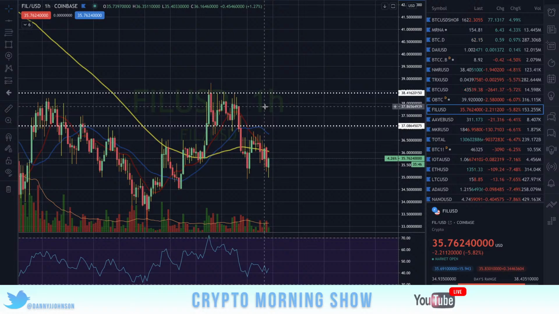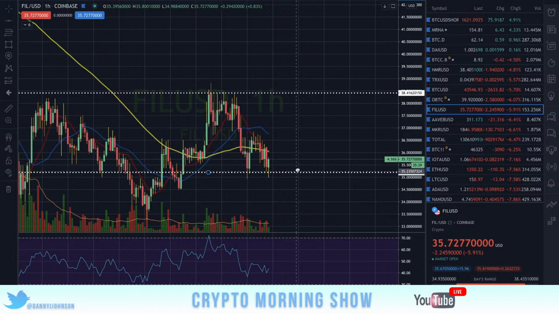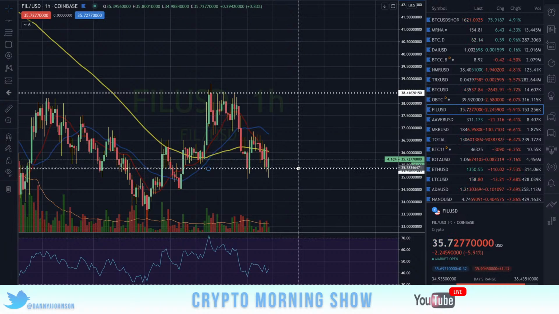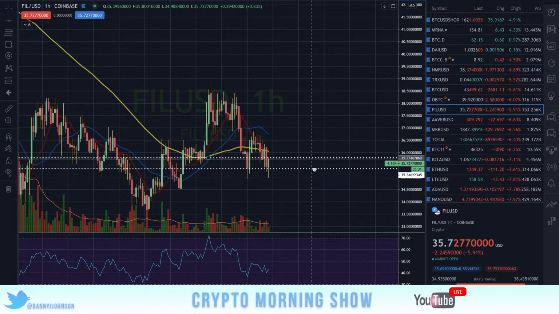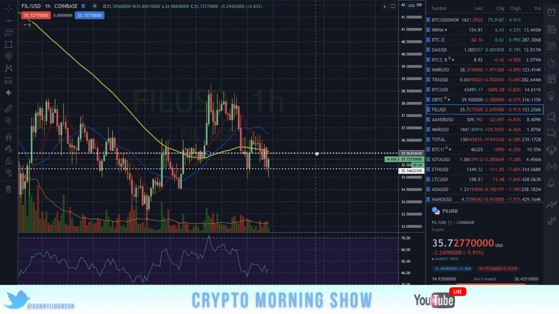Moving on to FIL, however you want to pronounce it, FIL USD, traded on Coinbase. We have 35.383 support, and resistance on these two big candles right there.